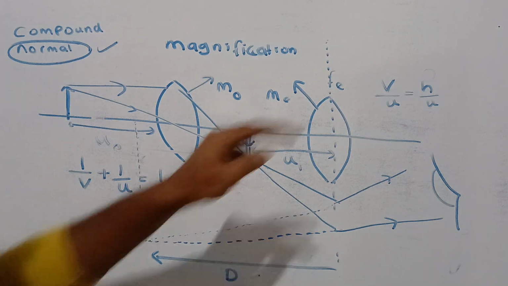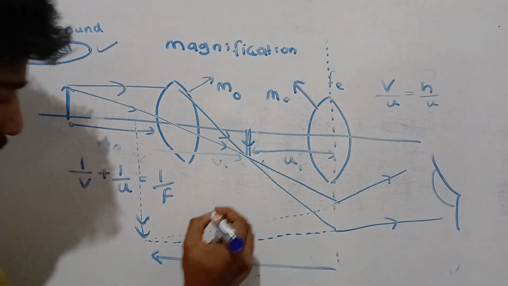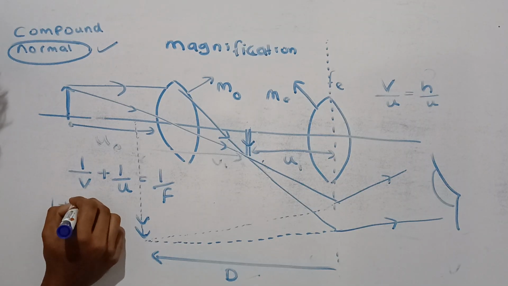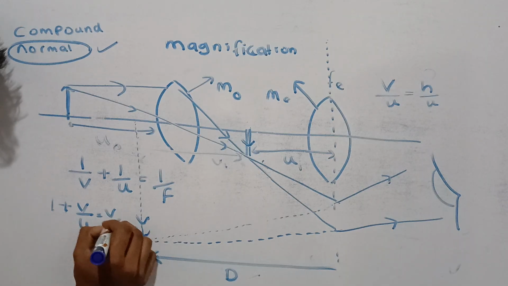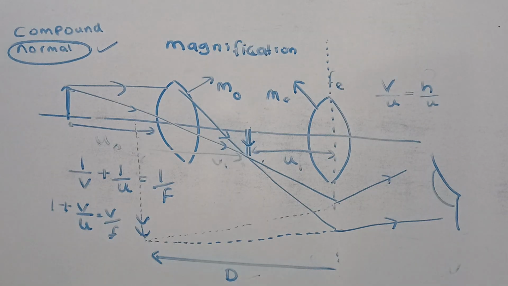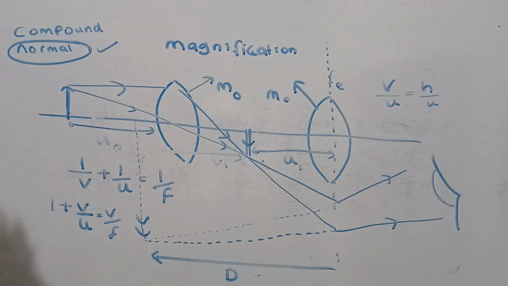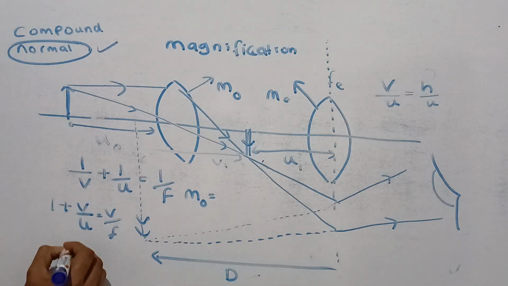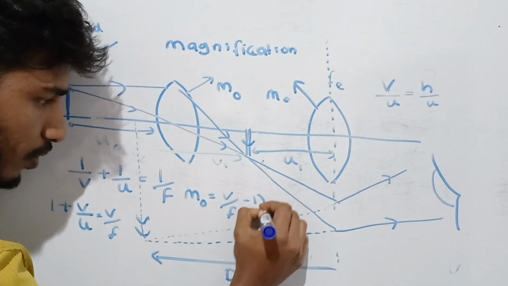If I want to find v over u, we must multiply the entire equation by v. So I would find 1 plus v over u is equal to v over f. So eventually we are able to find the magnification created by the objective lens. M naught will be equal to v over f minus 1.